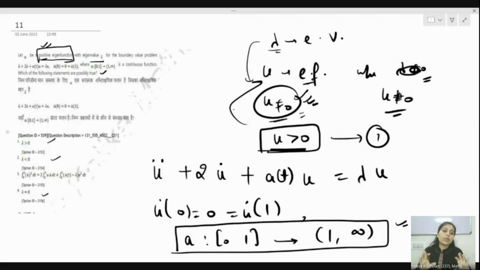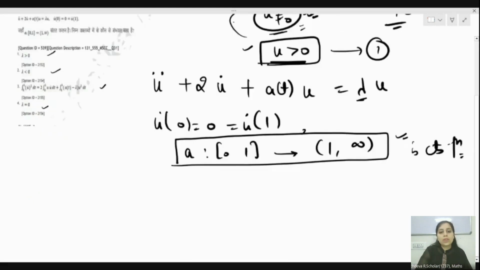It means firstly we have to tell about the nature of lambda. If we have a positive eigenfunction, then what can you say about this lambda? First, we have to decide this. Then there is a relation in the third option that we will see lastly. First, we will focus on lambda.